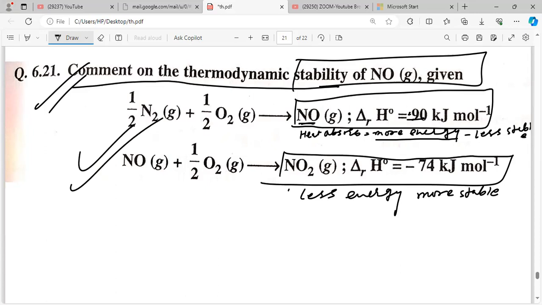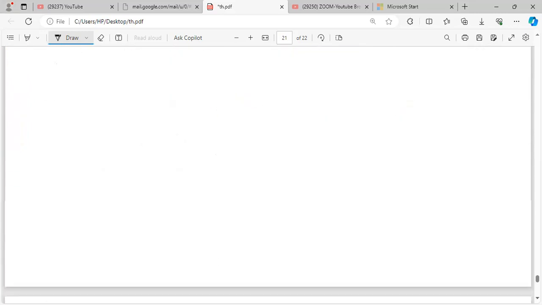Because along with the product, energy is liberating, the system will be unstable. But when energy is lost along with the product, it is having less energy. Less energy means stable. Getting? Yes. The last question.